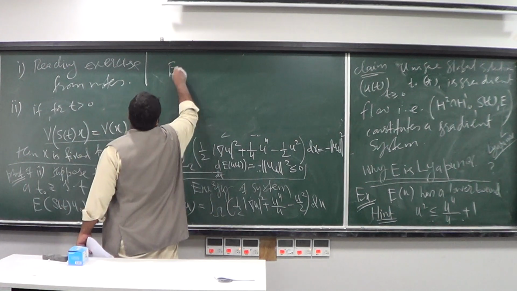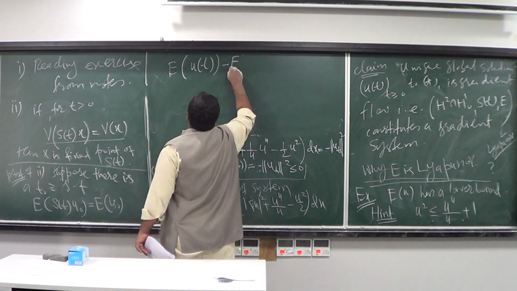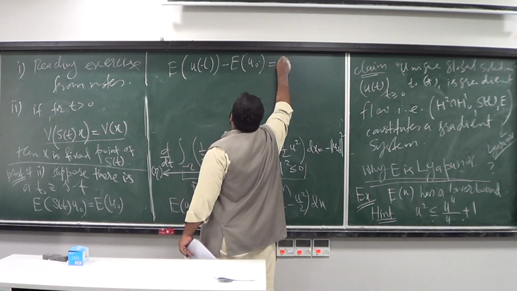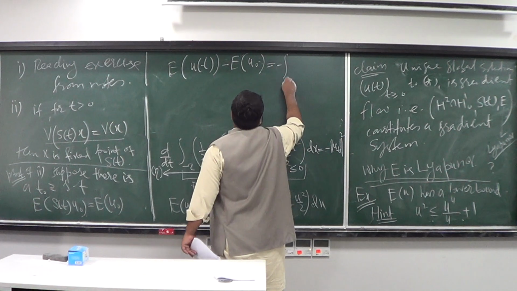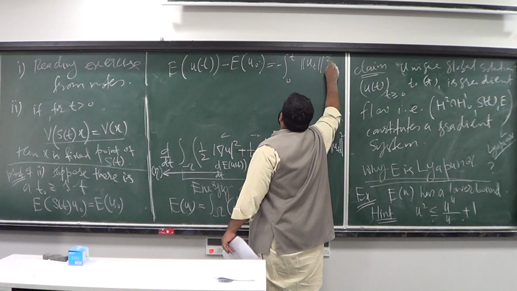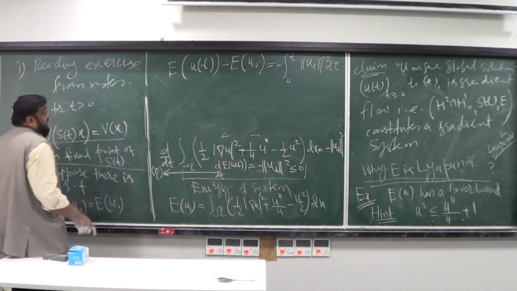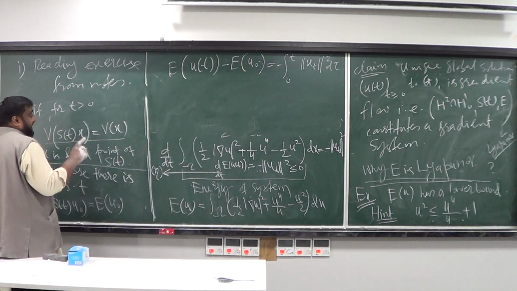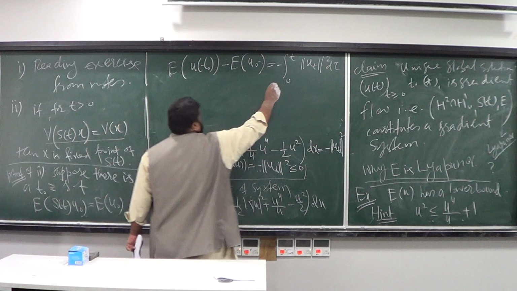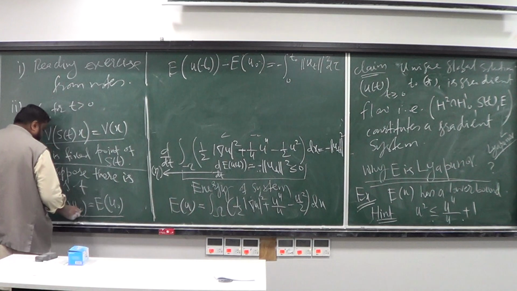So you're going to get E of u of t minus E of u naught is equal to minus the integral from 0 to t of the norm of ut squared. This is what you do in general for any t. Now, in this instance, if you substitute t naught here, I know that these two are equal.